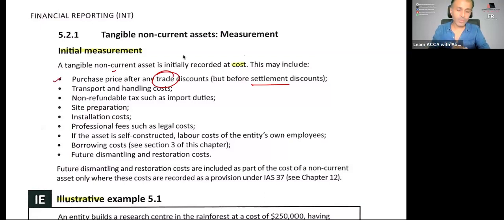Once you come down to read this page, you will have that feel that I know all of that. Because the lecturer has explained it to me from his live course explanation, from his board explanation, from his summary of the standard, and it's easy for me to just read it. See, non-refundable taxes, site preparation, installation cost, professional fees, self-constructed, own labor cost, borrowing cost, future site dismantling, restoration cost.